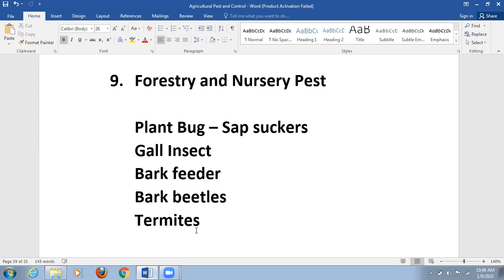So in this particular category, the insects which belong to this group enter into the plant body and cause deformation in the structure and function of the different organs of the forest plant as well as the nursery plants and trees.